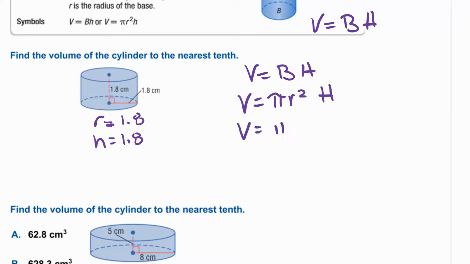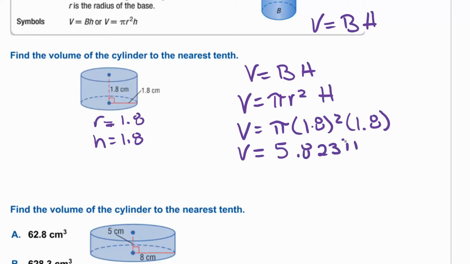So the volume equals pi times 1.8 squared times the height, which is 1.8. So the volume would be 5.832 pi centimeters cubed, which is 18.3 centimeters cubed.